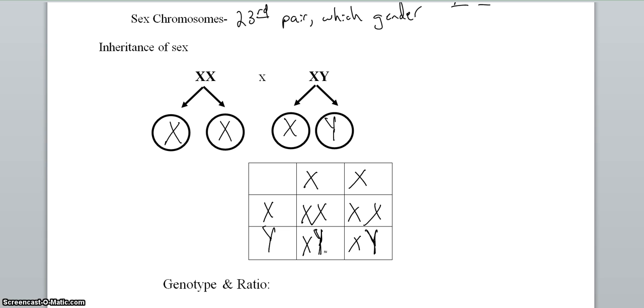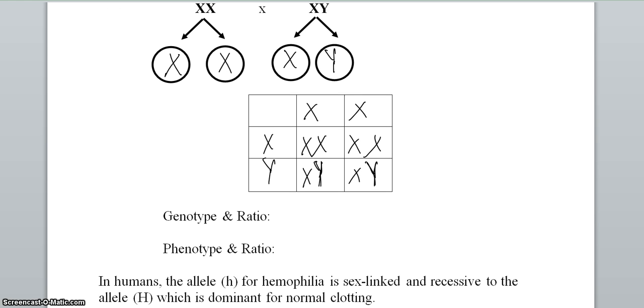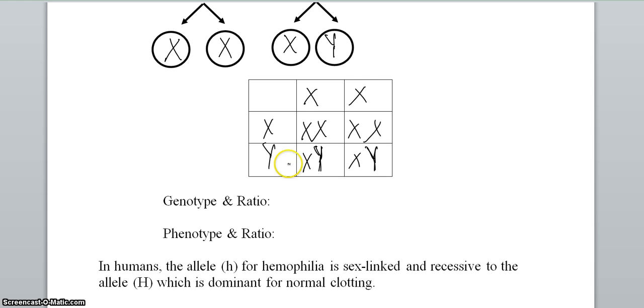So the environment of the woman can skew that 50-50 ratio from what you would normally think. So the genotype ratio is 1 XX for every 1 XY, hypothetically. And the phenotype ratio is 1 female for every 1 male.